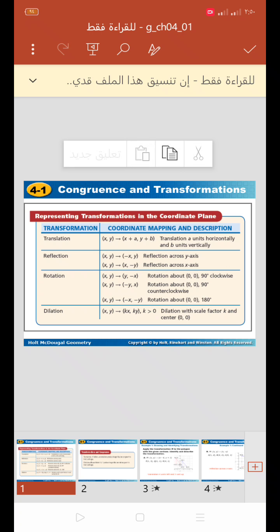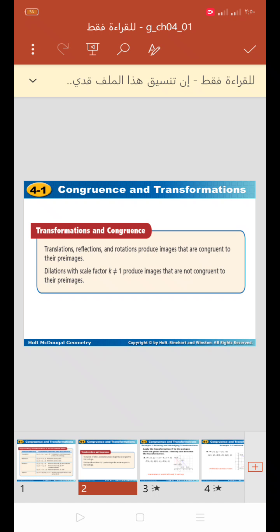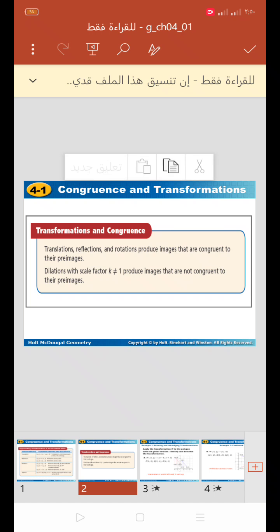All these transformations give us congruent shapes, except dilation. In dilation, the scale factor should equal 1 to give a congruent shape. If k is not equal to 1, it's not congruent to the original shape.